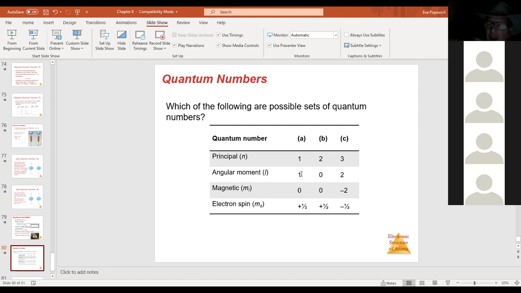Think about it. The first shell is just hydrogen and helium. Are there any p orbitals in the first shell? Look at a periodic table, Ian. The first row consists of only hydrogen and helium. Are there any p electrons in the first shell? No, because the p orbital can't exist.